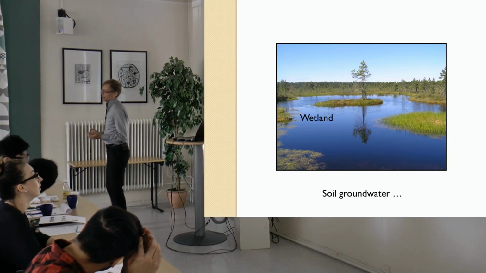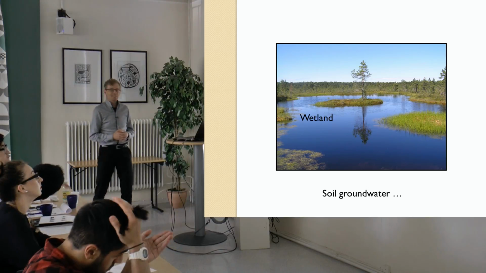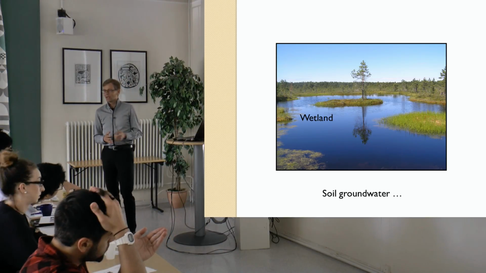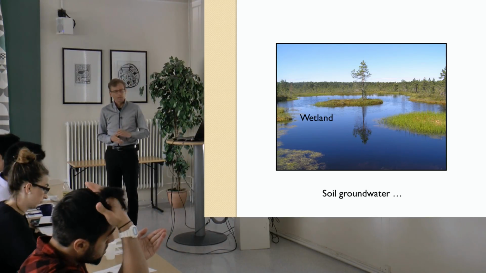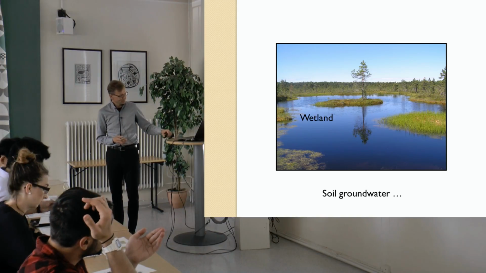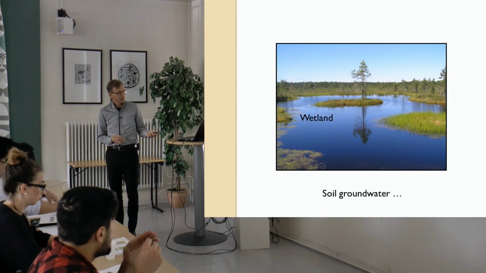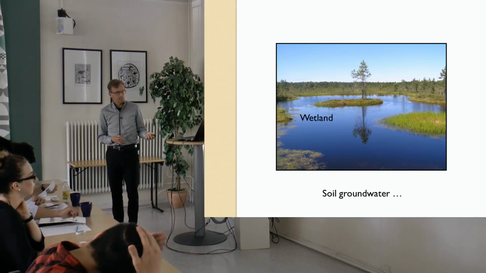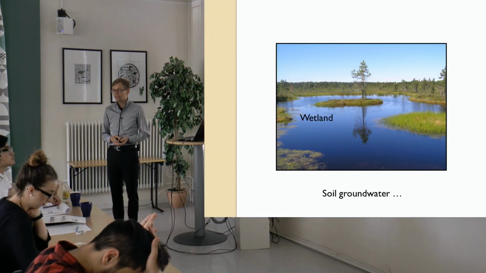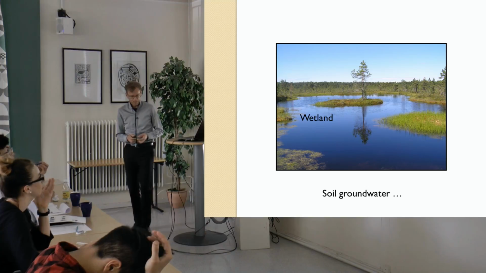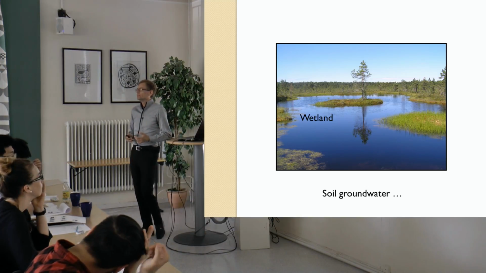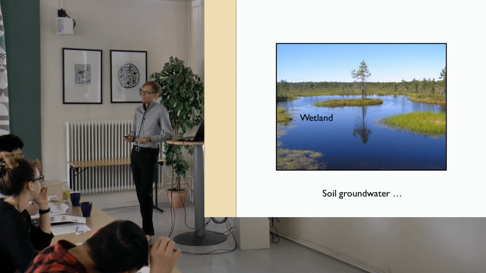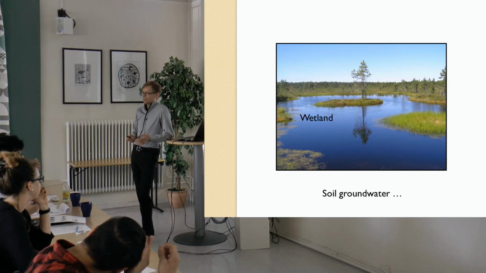When we do sampling of these surface waters, it can look like this. For example, here to the left, we are out measuring pH and electric conductivity. And in all kind of studies of natural waters, we want to measure the pH.